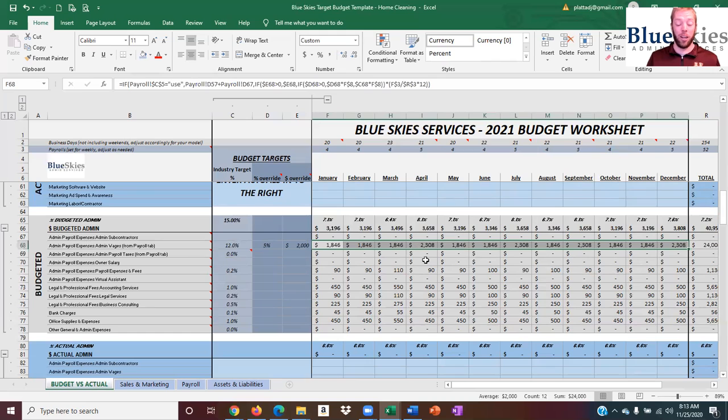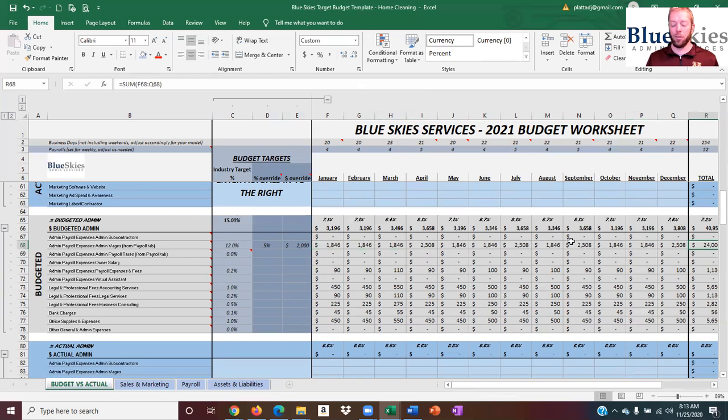And again, because this is the wage row, it's going to look at how many payrolls, and it's going to take that 24,000 for the year based on 2,000 a month, and allocate it based on how it's going to land throughout your payrolls. So that's how you use the sheet if you want to override these target percentages without messing with all these other tabs here. That's what the percent override is for and what the dollar override is for.